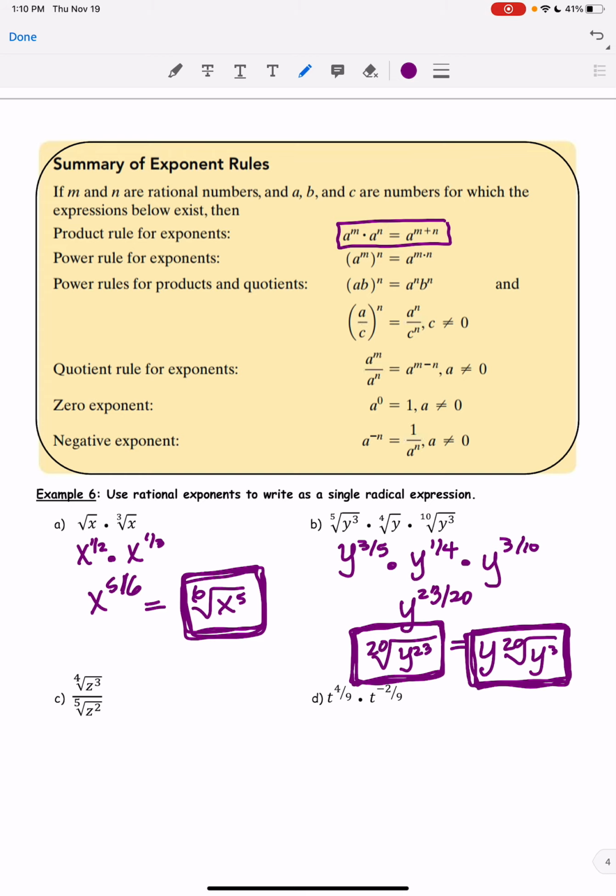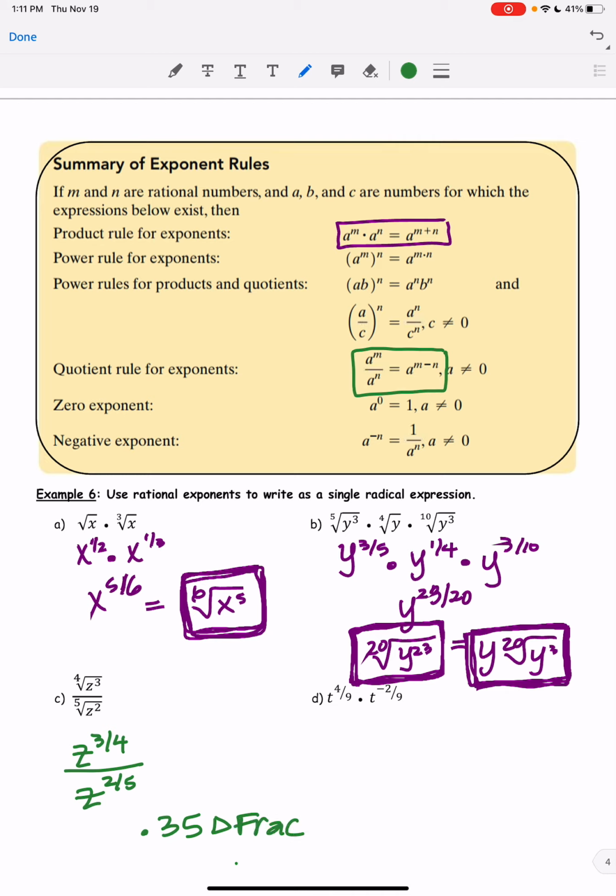Okay, same thing here with C. So convert those. That becomes z to the 3/4 over z to the 2/5. So now that I am dividing, I am using this rule here. And we subtract those exponents. So 3/4 minus 2/5 gives me 0.35.